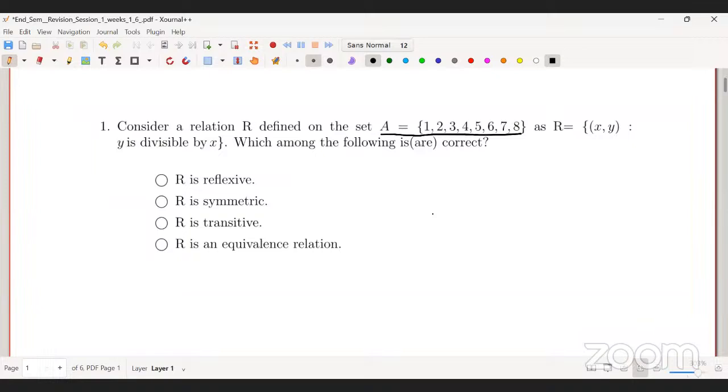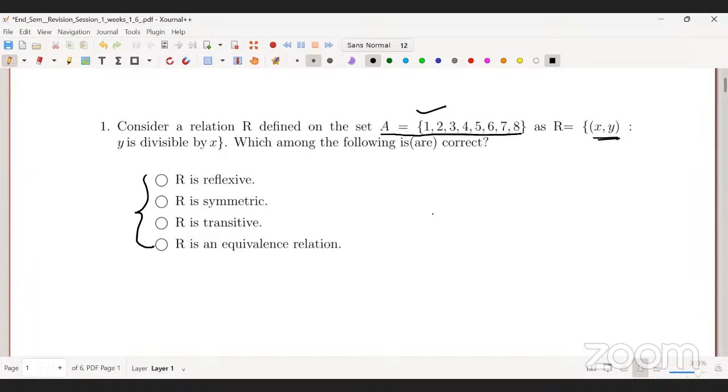The relation is the set of all pairs x comma y such that y is divisible by x. You need to check whether that relation satisfies these properties or not.